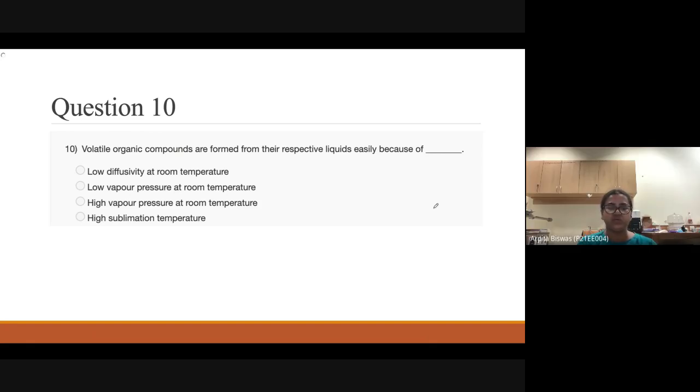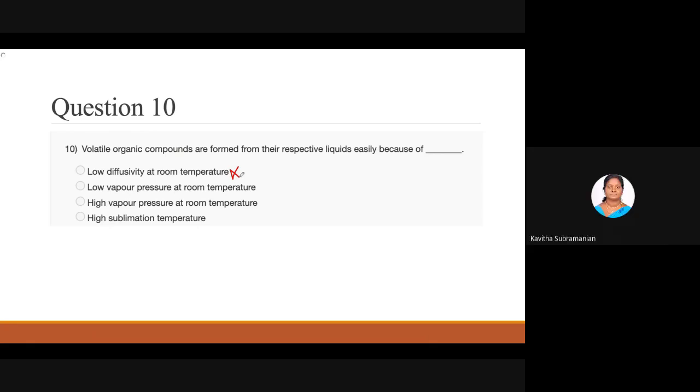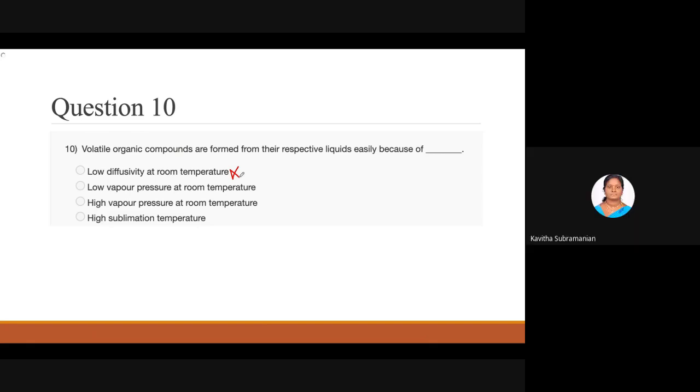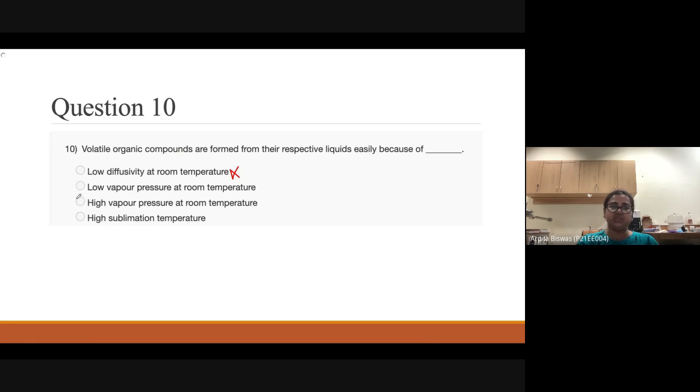Low diffusivity at room temperature. No, this is not the right answer. Take your time, then try to put the answer. High vapor pressure at room temperature. Option C. Yes, option C is the right answer.